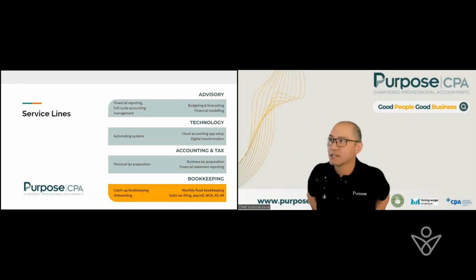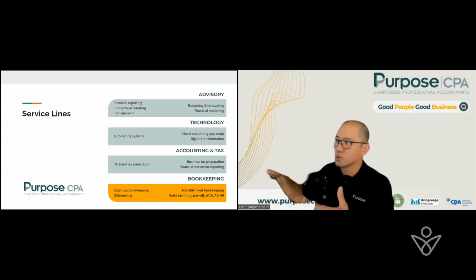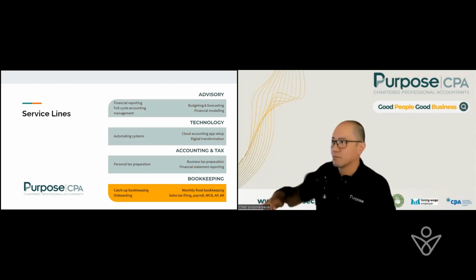I quickly want to provide a little bit of introduction to our business, Purpose CPA. We provide advisory, which is, let's say, financial coaching, doing some business planning, financial analysis on the business. Should I purchase 5 more vehicles to try to sell to this new area of the business?